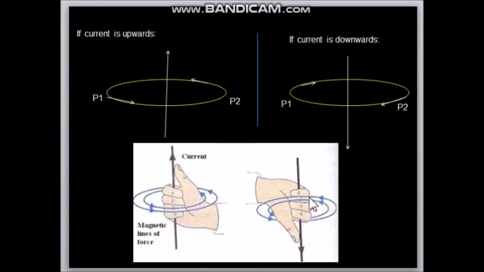In the same manner, if current is moving downward, we stretch the same right hand so that the thumb points down. Now you try yourself and see that the fingers are curling in this manner. So the direction is just opposite in the two cases of magnetic field. We will practice it in detail.